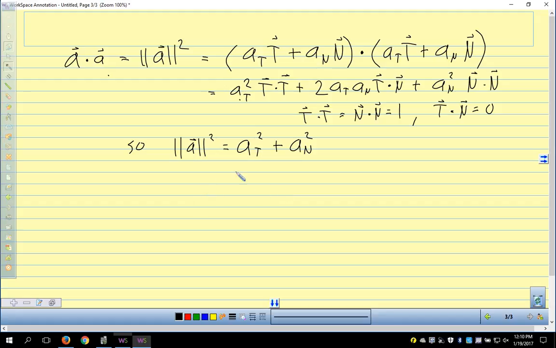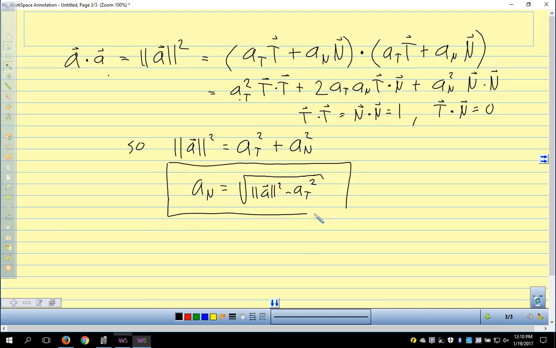And we solve this for a sub n, get a nicer way to find our normal component of acceleration. We can say that's the square root of the magnitude of a squared minus a sub t, tangential component of acceleration squared. And that's the third of those quantities that we were looking for.